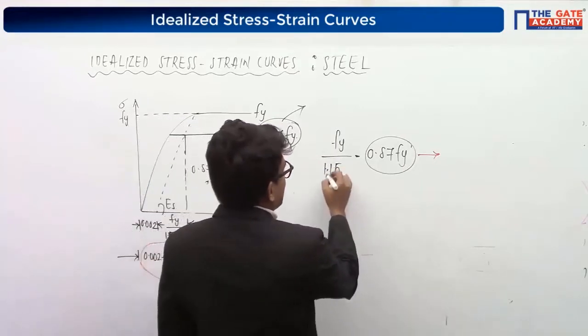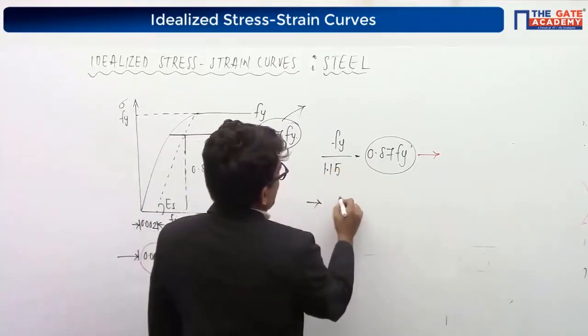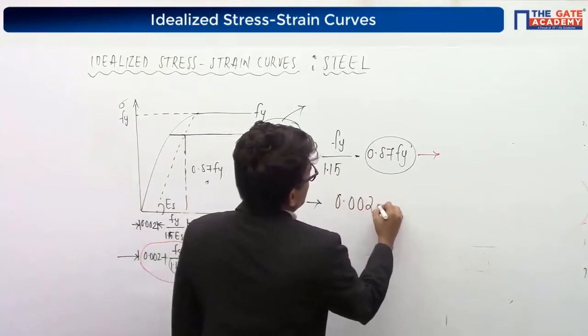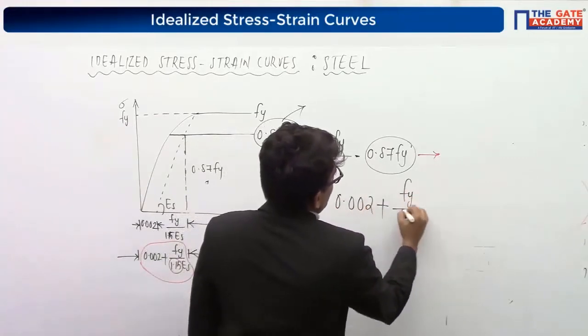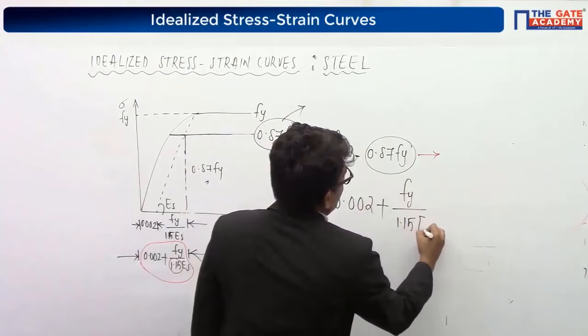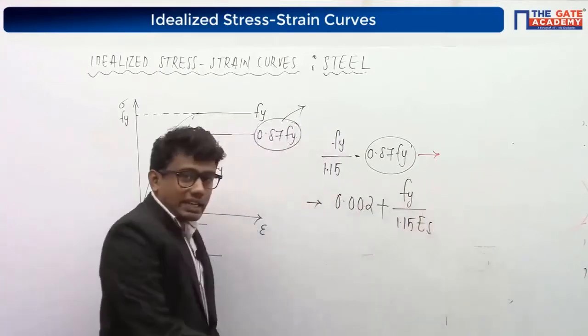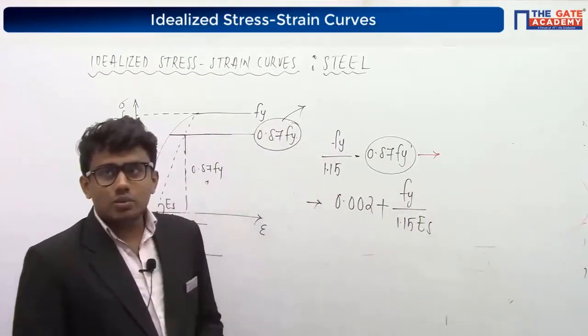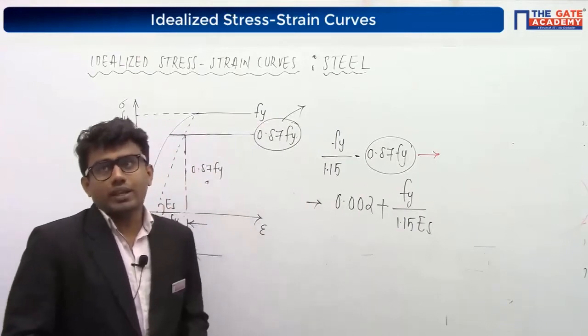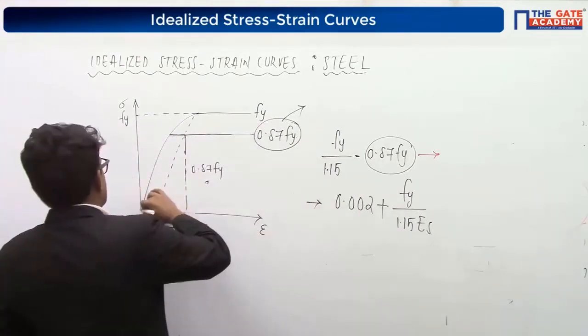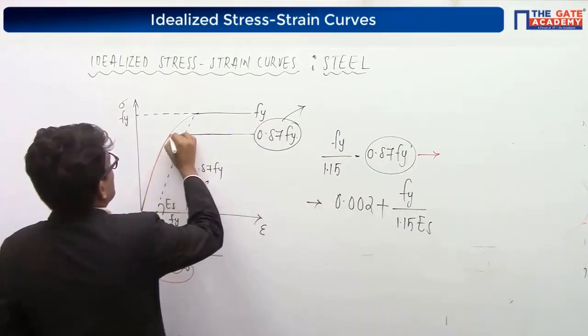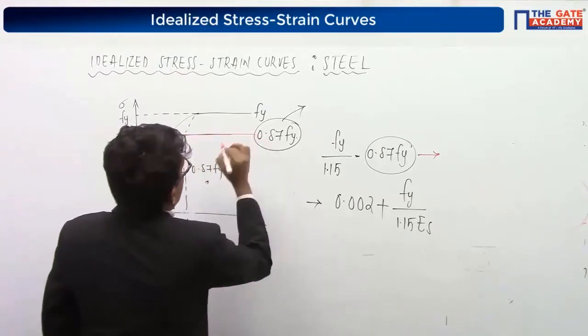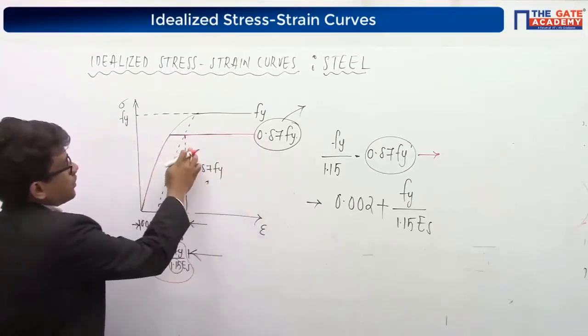We know how we are getting this, and the strain value corresponding to that will be equal to 0.002 plus fy divided by 1.15 Es, where fy is the yield strength and Es is the Young's modulus of elasticity of the steel. Okay, fine. Here this will be the idealized stress strain curve for steel.